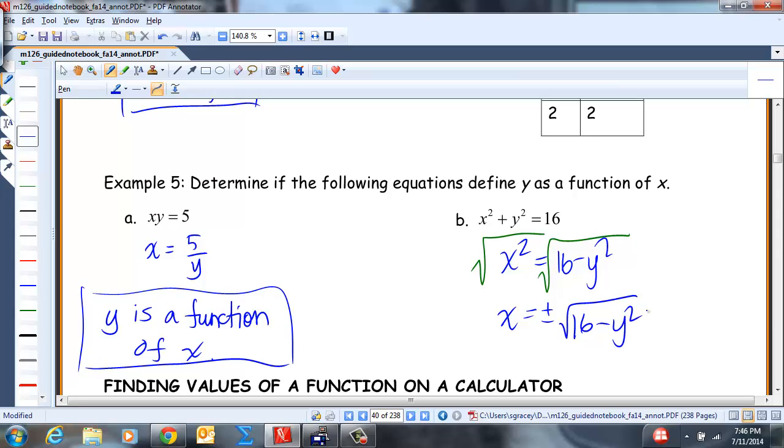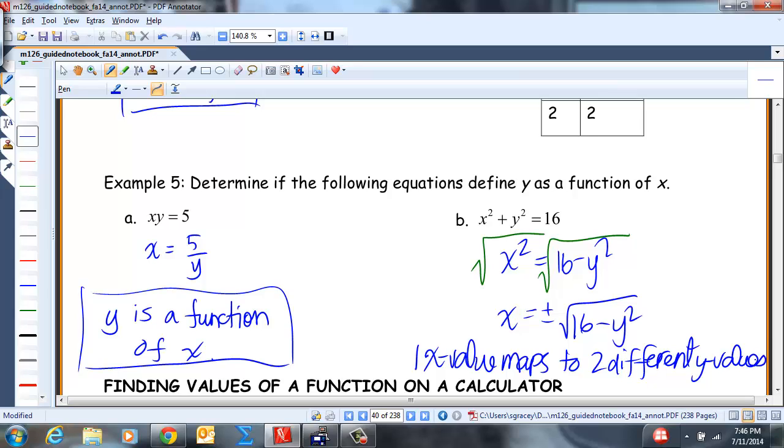So basically what would happen is one x value maps to two different y values. So our conclusion is what?